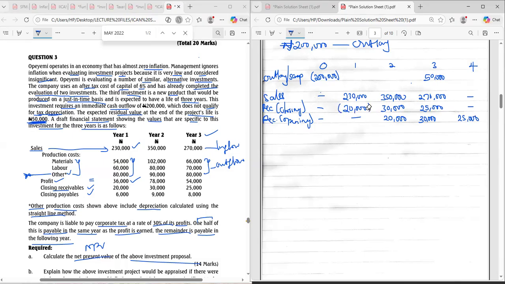People that at the end of the year have not paid us, we take it out. That is the only thing that will affect our sales, the receivable part of it. So give me figures. 25. This one is 210. This one remains 200.